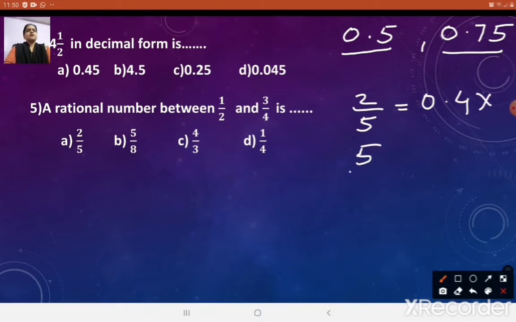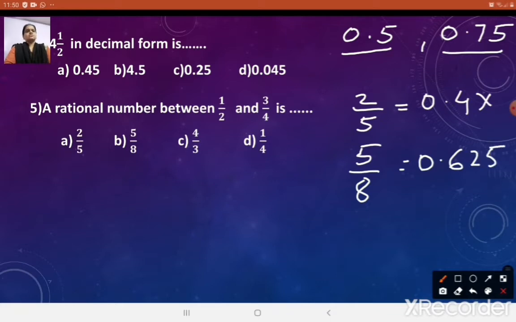Second is 5 by 8. So it is again 0.5, then 50. 8 6s are 48. Remainder 2, 8 2s are 16, and then 5.